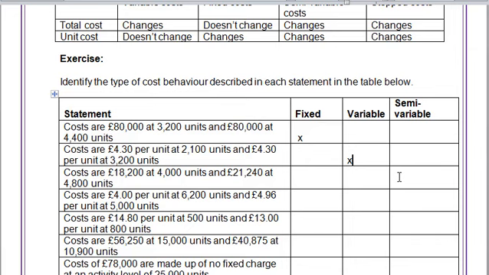That means there will be an element of fixed and an element of variable cost. So we want you to calculate the cost per unit. 18,200 divided by 4,000 units will give me 4.55.